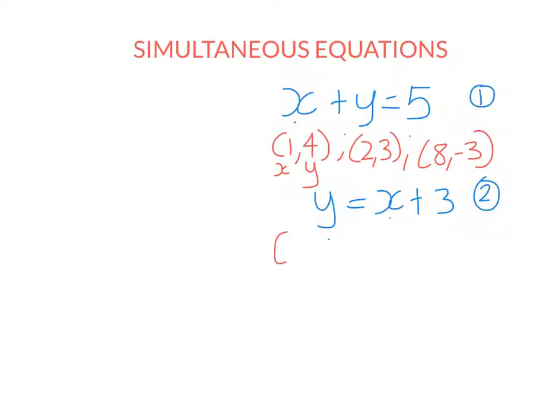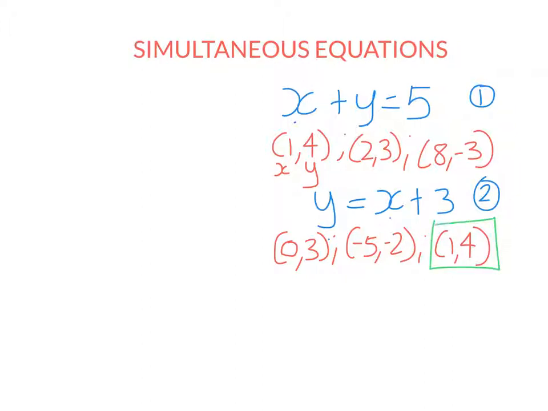So I could have the solution x equals 0, y equals 3. I could have the solution x equals minus 5, y equals minus 2. I could also have the solution x equals 1, y equals 4. Both of these equations have infinitely many solutions, but there's one solution that solves them both at the same time, and that is the solution to the simultaneous equations.